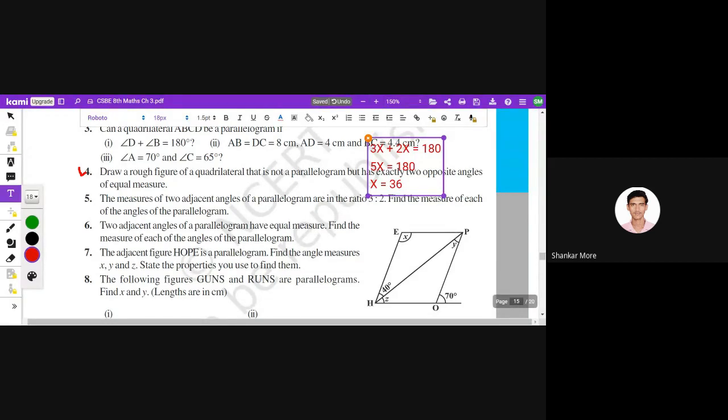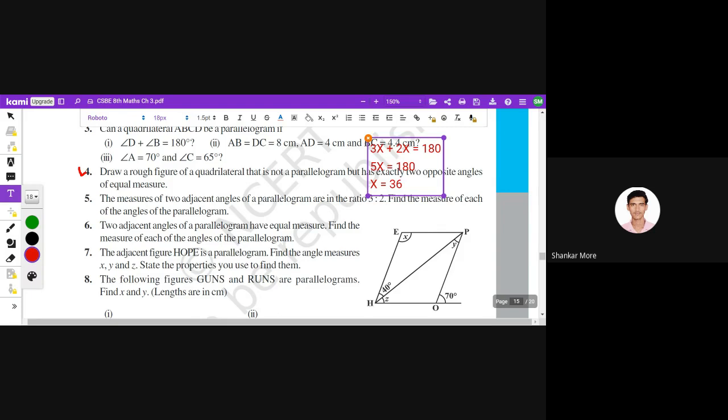Our first angle is 3x. So 3x means 3 into 36, which is equal to 108. It should be 108. Yeah. First angle is 108. Second angle is 72 degrees. Right? 108 and 72 degrees. These are the two adjacent angles.